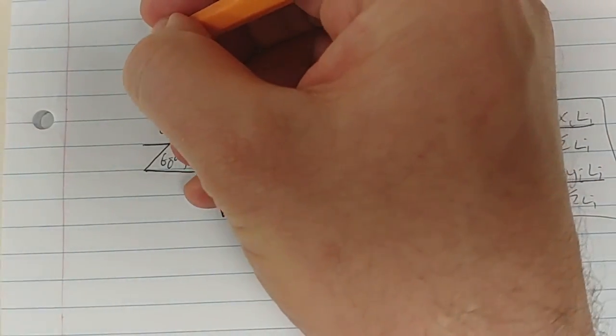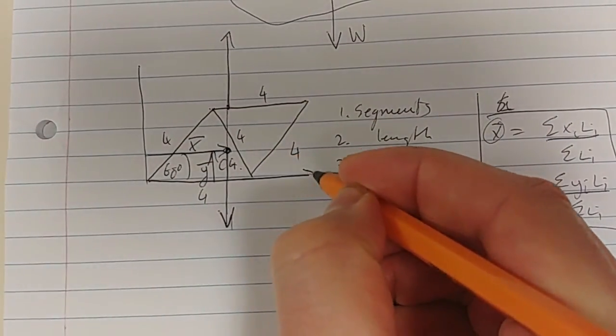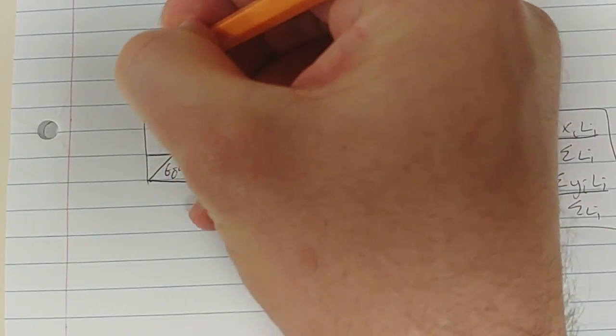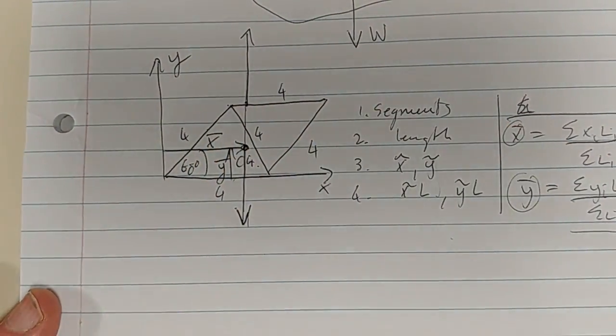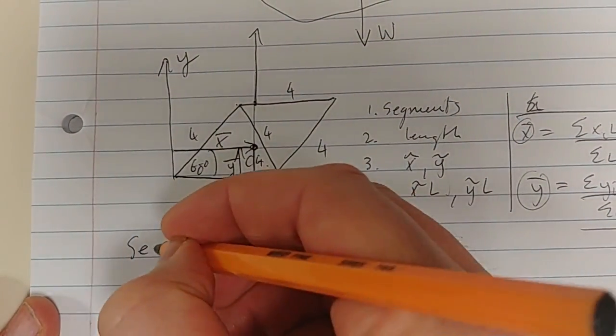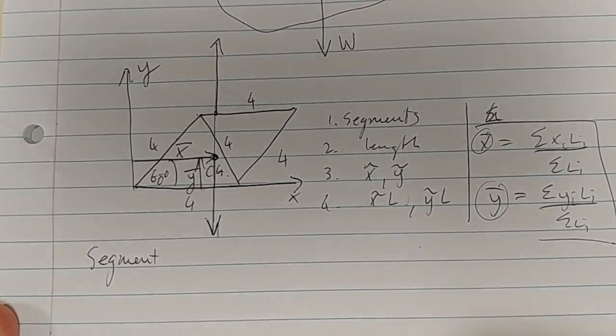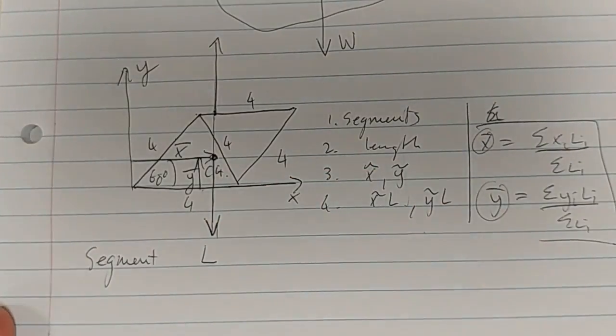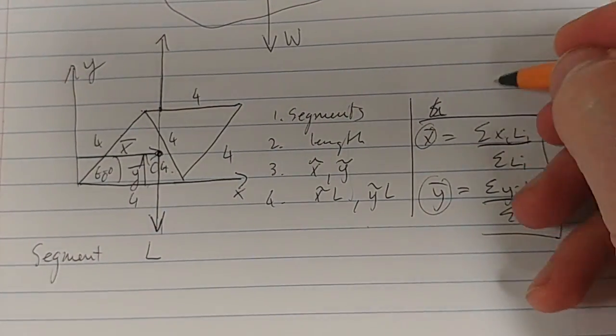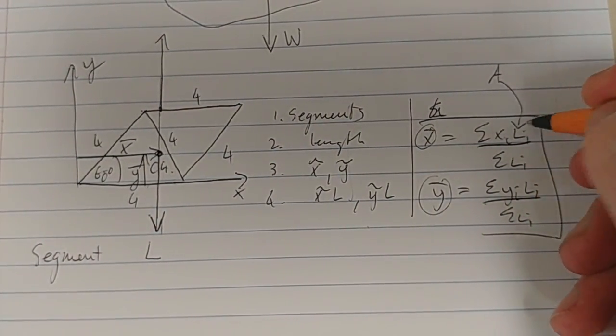Okay, so let's put our x there, put our y there, and now we need to analyze each of the members. Okay, so let's set up a table. Say segment. Remember, we're not working with areas, we're working with lengths now. Before, in the previous example, we had areas, so we just replaced that with length.